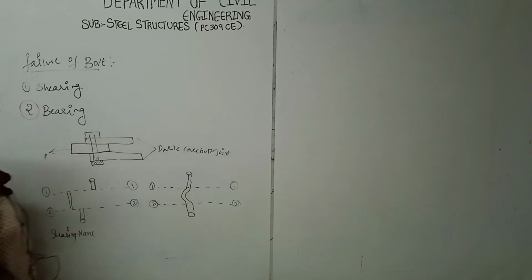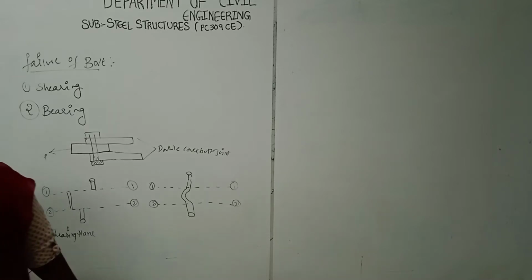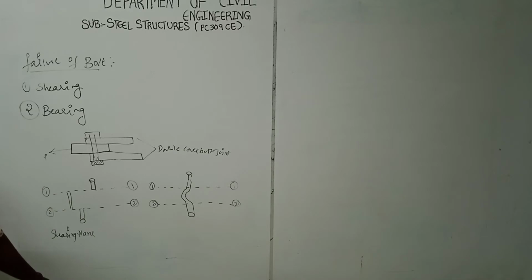These are the failures which occur in the bolt, whenever we want to design the bolts and the loads come onto the bolts through the plate. At that moment you will have these two types of failures. Next we will study the types of failures in the plate.